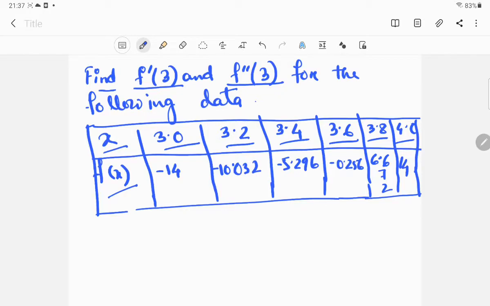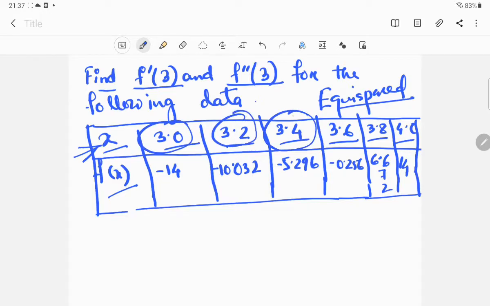As I have already told you, the first thing that you need to check is whether the data provided is equispaced or not. So which row do you need to check? You need to check this row. The x values are definitely equispaced: 3, 3.2, 3.4, 3.6, 3.8, and 4.0.